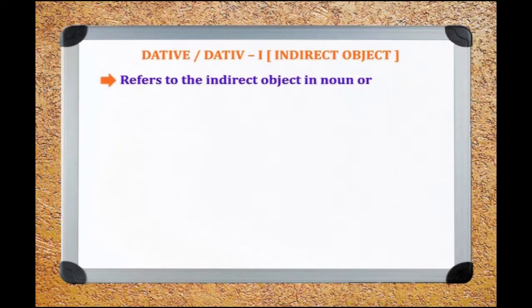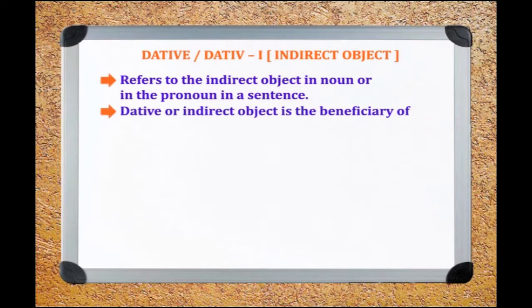It refers to the indirect object, a noun or a pronoun in a sentence. Dative, or an indirect object, is the beneficiary of whatever happens in a sentence.